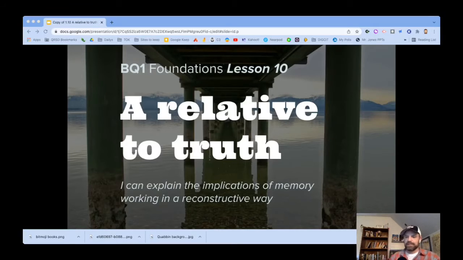So when we have memory and we construct knowledge with it, we're pulling from different places and putting it together to create knowledge from memory. It's a really important way of thinking about knowledge and an important way of describing how we know things. We're going to explain the implications of memory working in a reconstructive way. Let's head to the next slide.